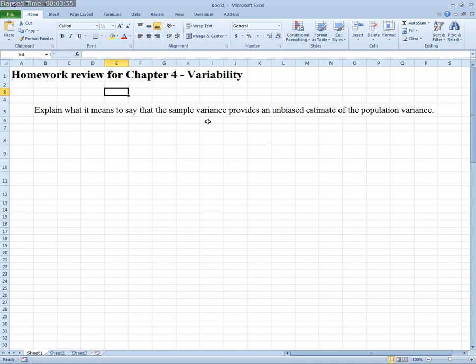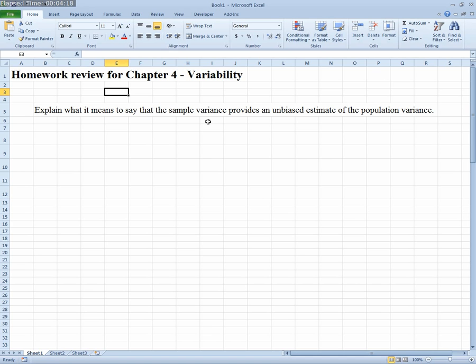Question 8 asks us, explain what it means to say that the sample variance provides an unbiased estimate of the population variance. And if we recall, an unbiased estimate means that on average the sample will provide an accurate representation of the population.